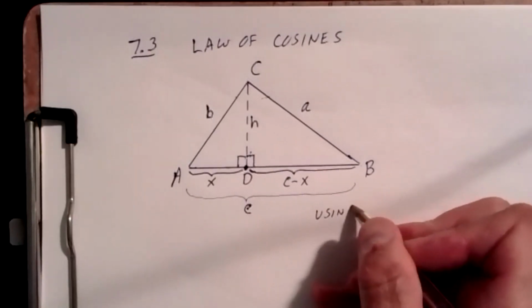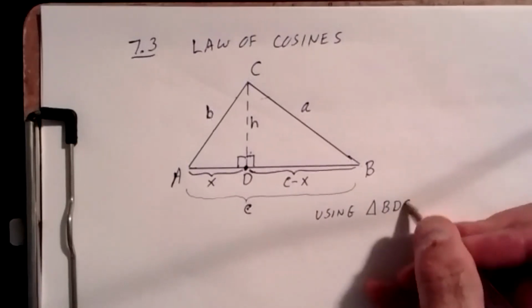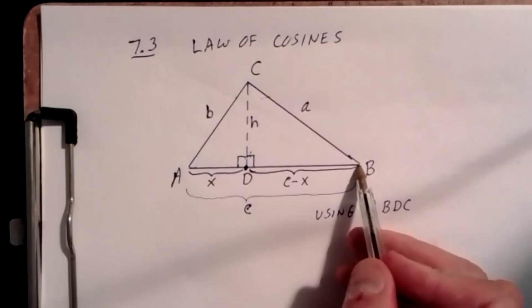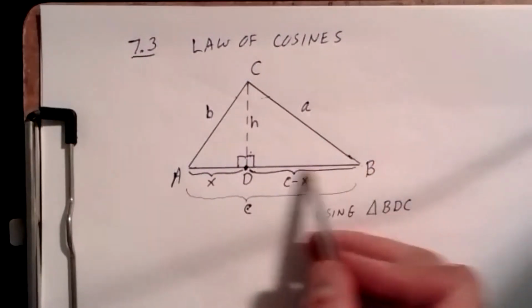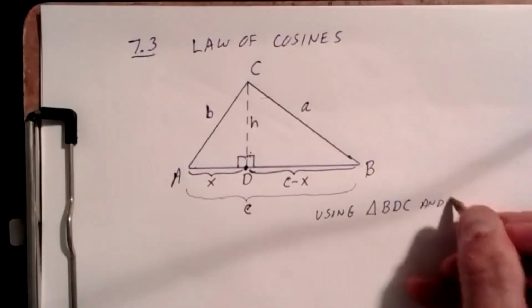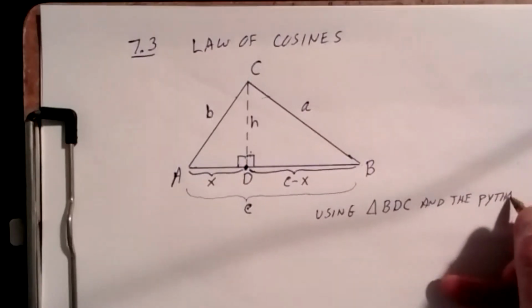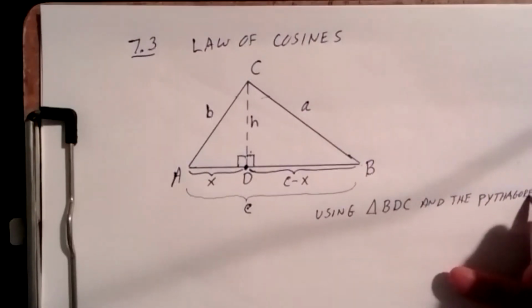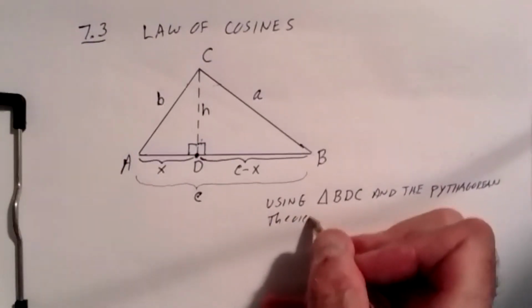Now, using triangle BDC, the right triangle BDC. Everybody see the right triangle on the right side of this picture here? And the Pythagorean theorem.